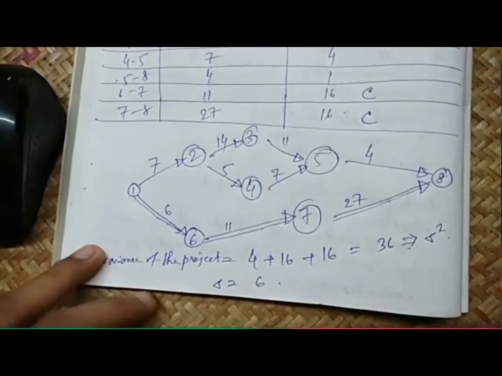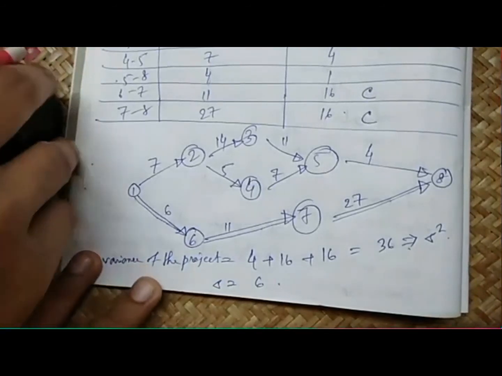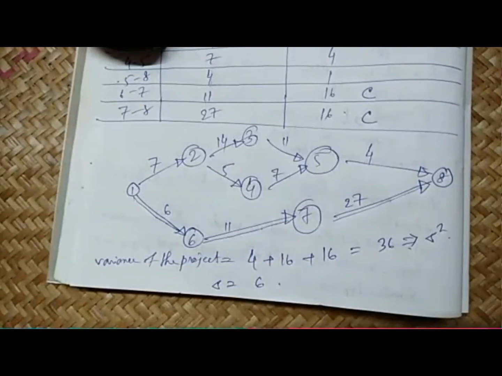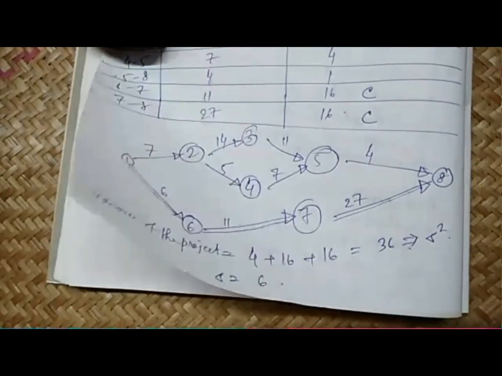Now listen very carefully. If in the exam this single problem carries 10 or 12 marks, you have to find the total float and then select the critical path.